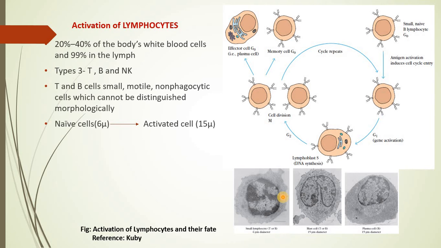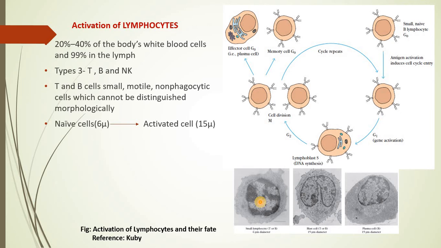If you compare the volume of cytoplasm to the next stages, that is the active stage or the plasma cell, we can make out that the cytoplasm volume is much higher in the blast cells or in the plasma cells. Now what are blast cells? The intermediate stage.